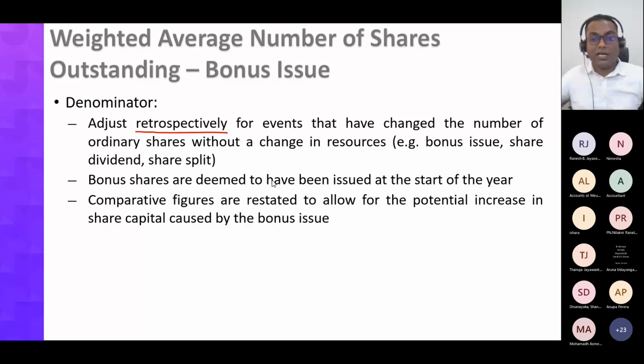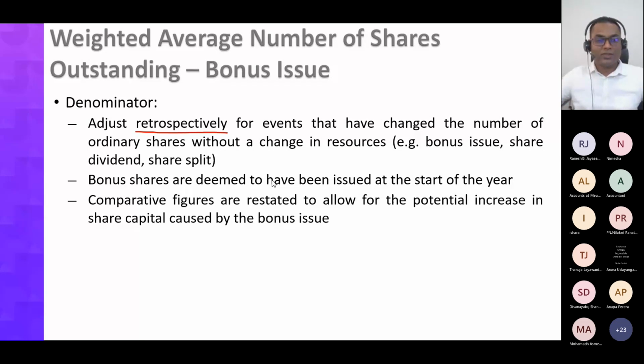So now for an example, let's say there's a bonus issue, or you have share dividends where the number of shares is getting increased without increasing the corresponding resources. So these bonus shares are to be taken into the computation from the beginning of the year. Even the last year numbers are to be adjusted with regard to this bonus issue, because you can't ignore them, and you can't consider them prospectively, because taking something prospectively means from that date onwards there should be an impact on the earnings generation capacity of the company because of the change in the resource level of the organization.